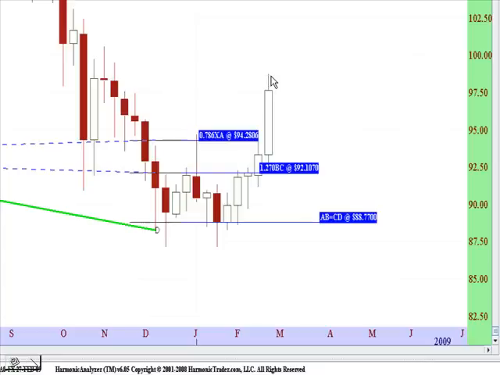Now let's look at that potential reversal zone just over the last few months. This is a weekly chart. The ABCD was 88.77. And then here are the other numbers.